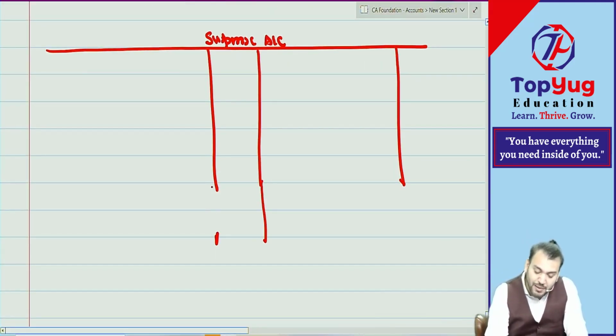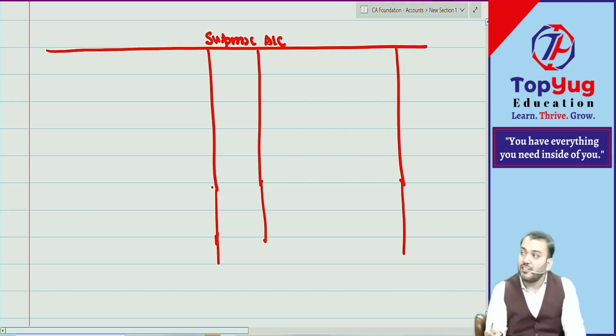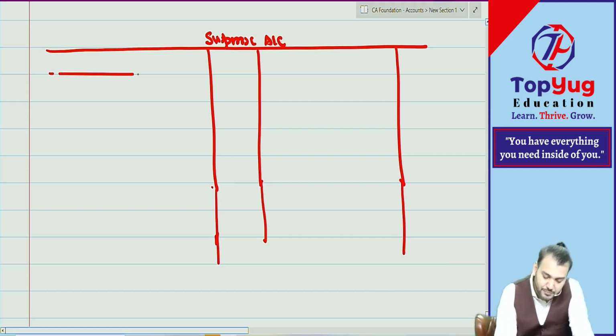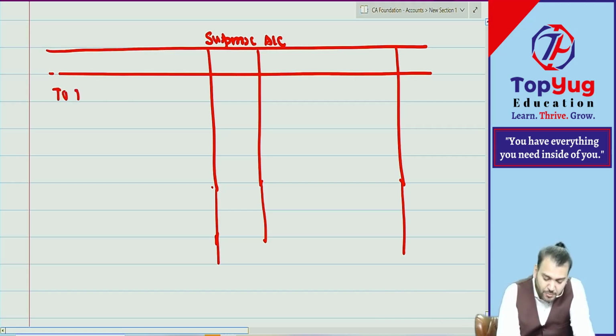Why is there no opening balance? Because it was already transferred to the PL account, but now we have rectified it. So can we prepare the suspense account? To PL adjustment, how much? Then to Mr. P, to Mr. C, how much?